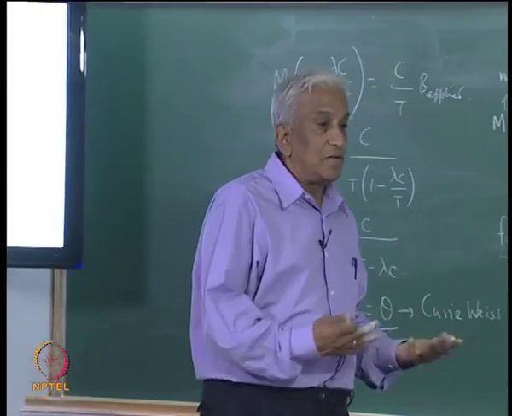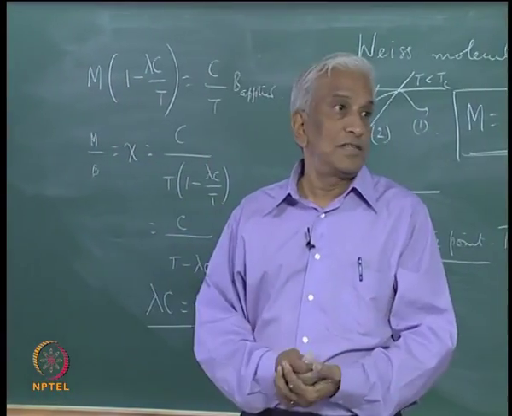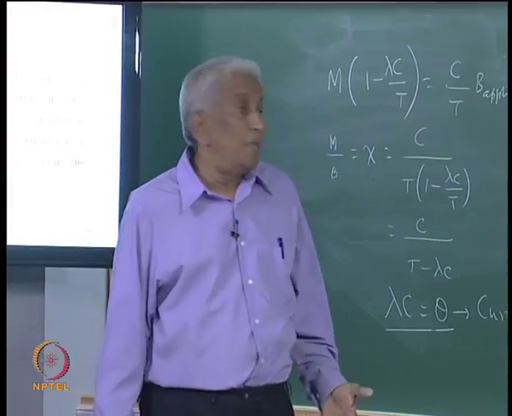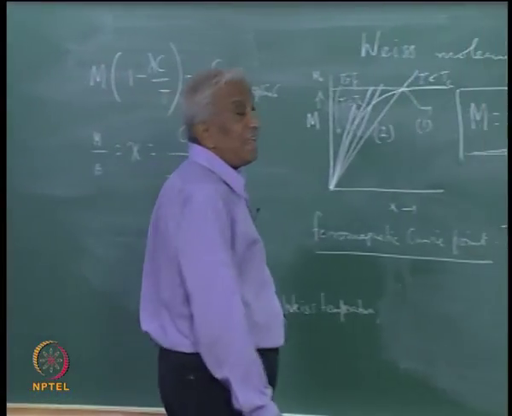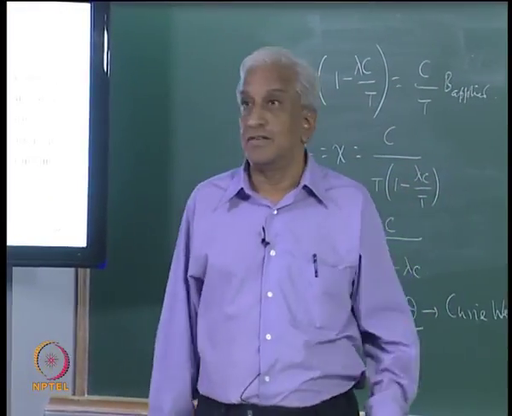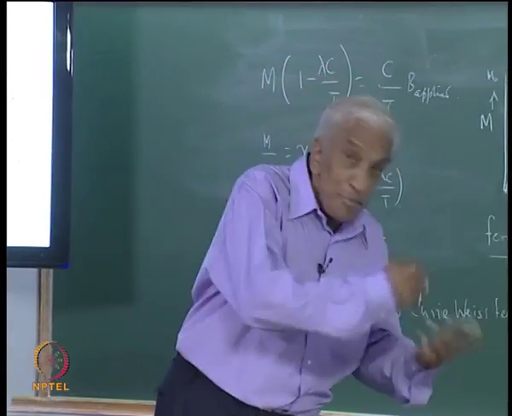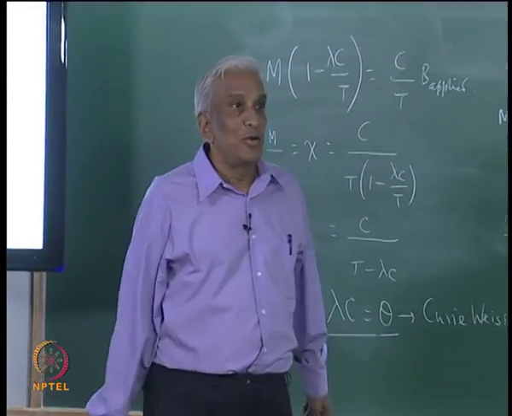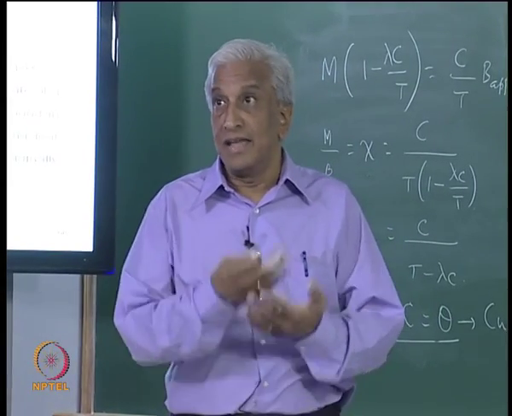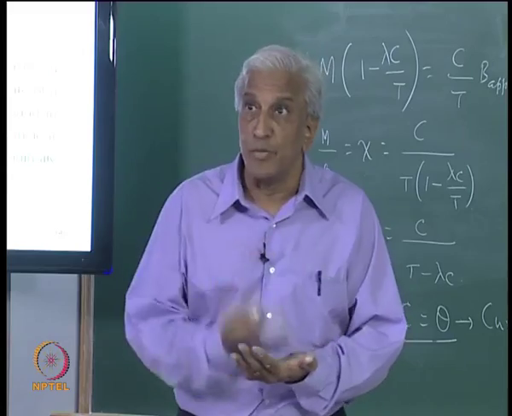The Weiss hypothesis remains a hypothesis, it does not address this question, because the molecular field, as we will see, is basically of quantum mechanical origin. So, it needs a quantum mechanical explanation to understand why this molecular field arises in the case of an ordered ferromagnetic material.